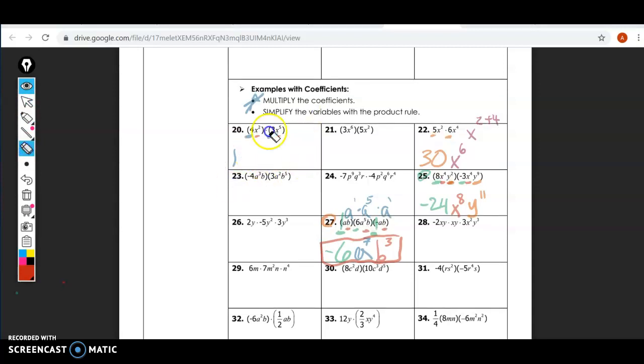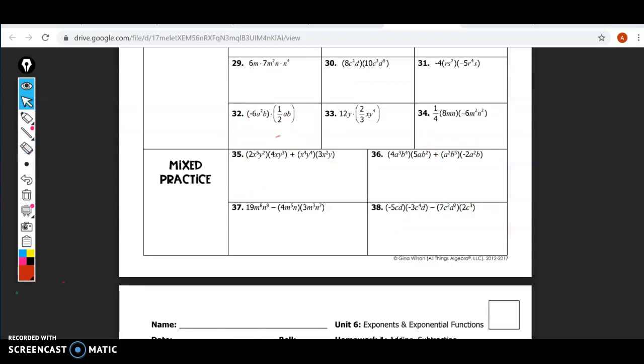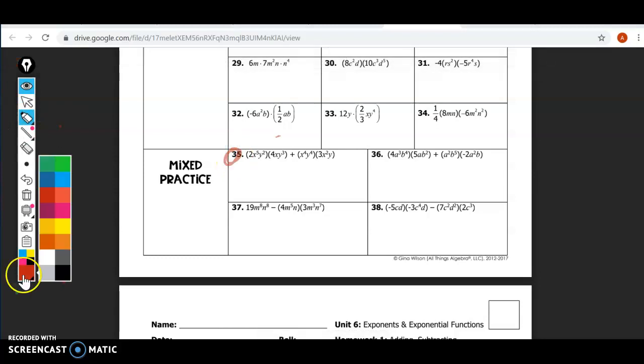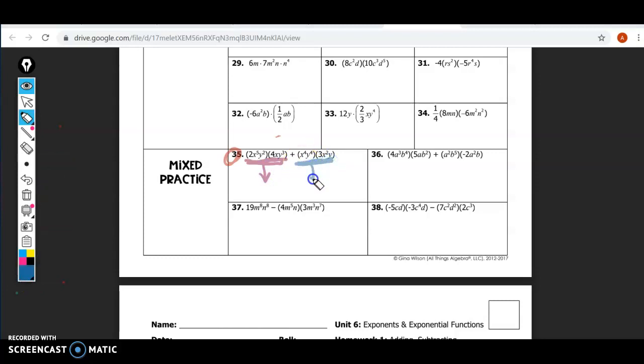What I want you guys to try is number 35 here. A little hint before you get started is that I want you to use the product rule on what I'm outlining in purple. Get that answer. Then I want you to do the product rule for these in blue.